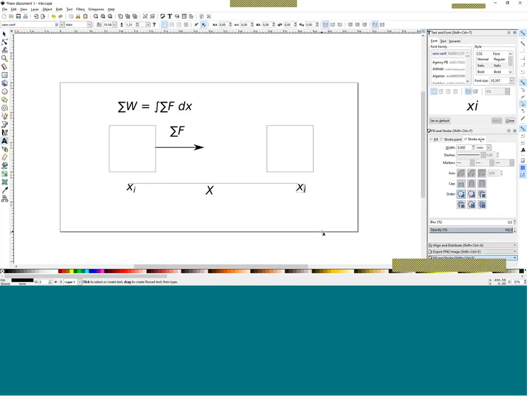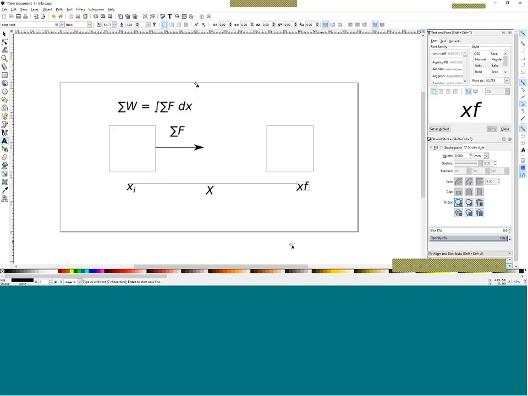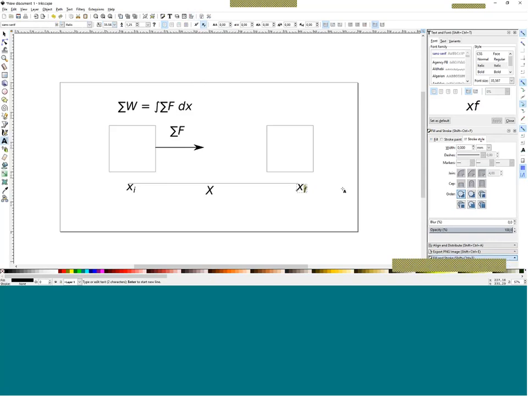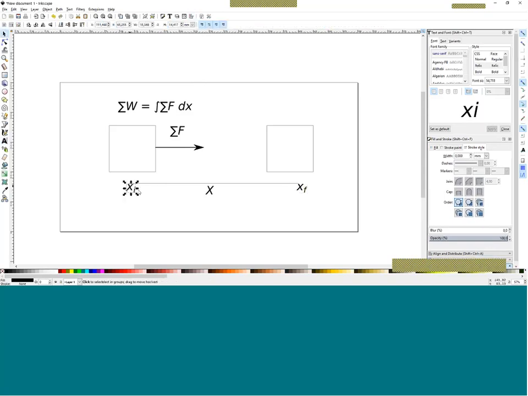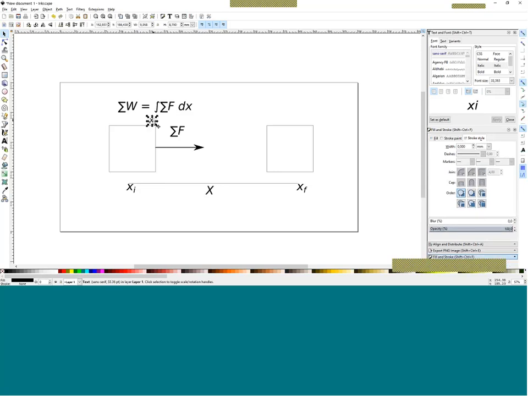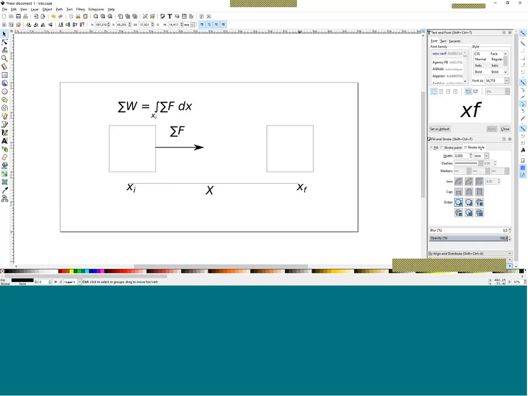So if we integrate over the distance, then the integration also occurs from xi to xf. Hopefully this is clear so far. If anybody has questions, please ask. Otherwise, I will continue on.